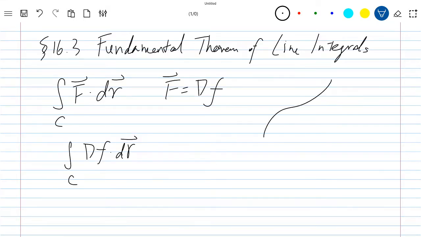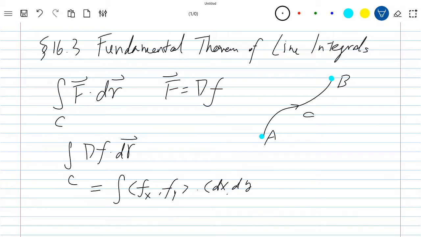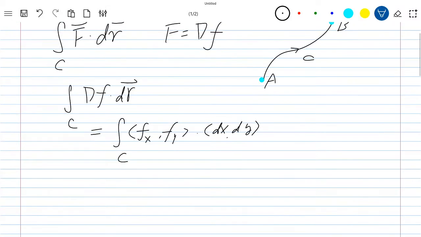Let's say the curve is like this from point A to point B. Okay. Then this integral will be (fx, fy) dot (dx, dy) on the curve, and that is fx dx plus fy dy.